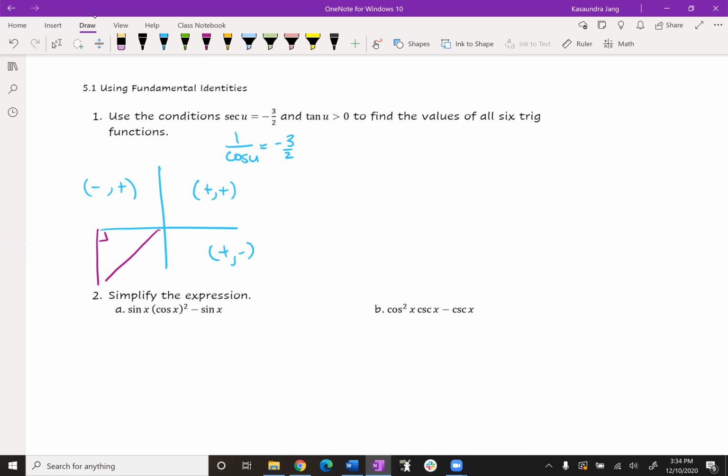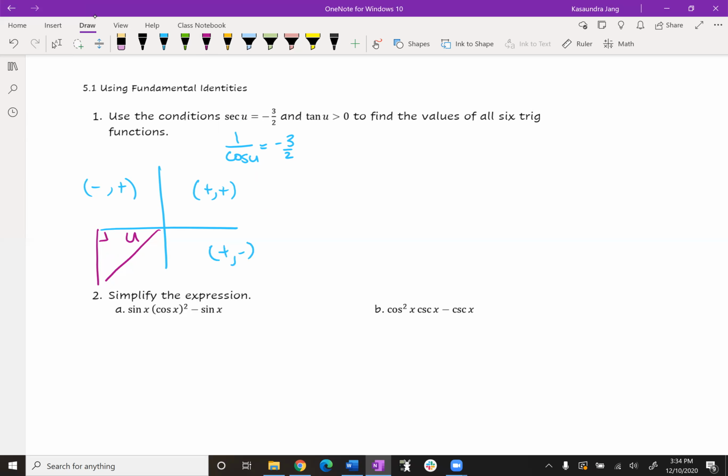I put theta, but I think they're using u, so I'll put a u there. All right, so cosine of u, well, let's go back to secant. I used the cosine because that had to do with either an x or a y on my unit circle, but they originally said secant of u equals -3/2.